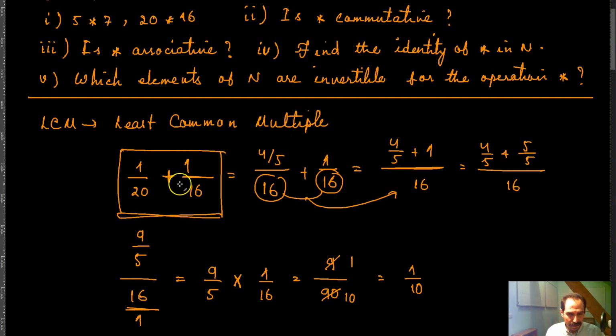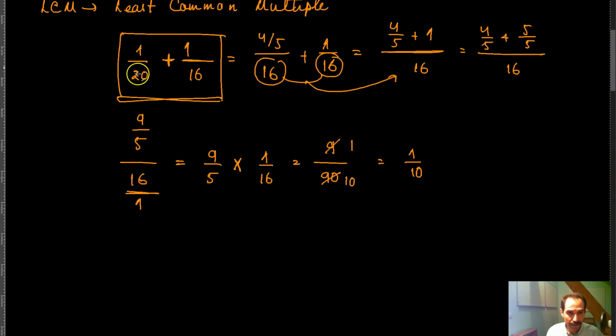Now there is a technique in order to get over this problem. So one thing that you can do is that you can write 1/20 plus 1/16, and of course I know that these two are not the same denominators, but I can just simply multiply them together.